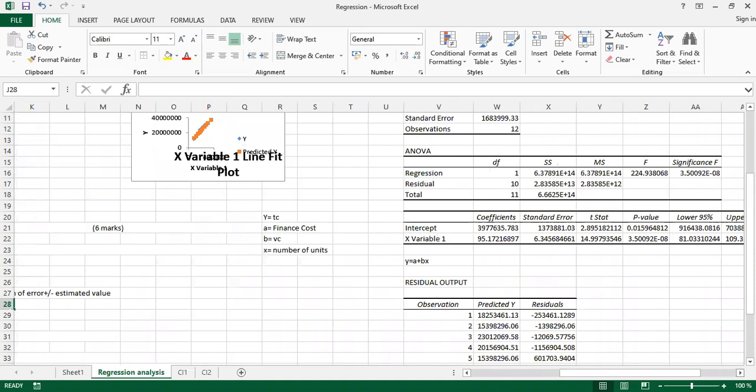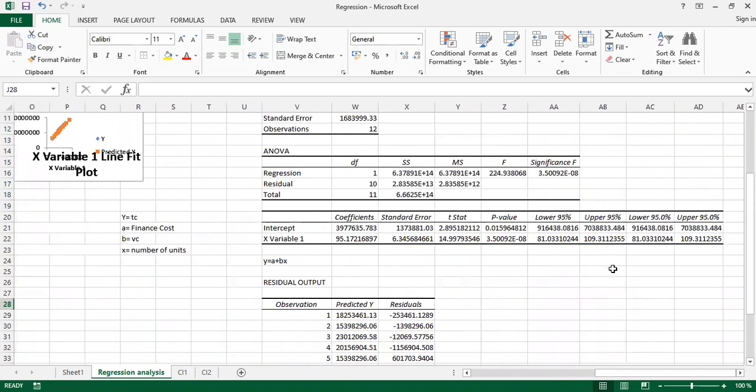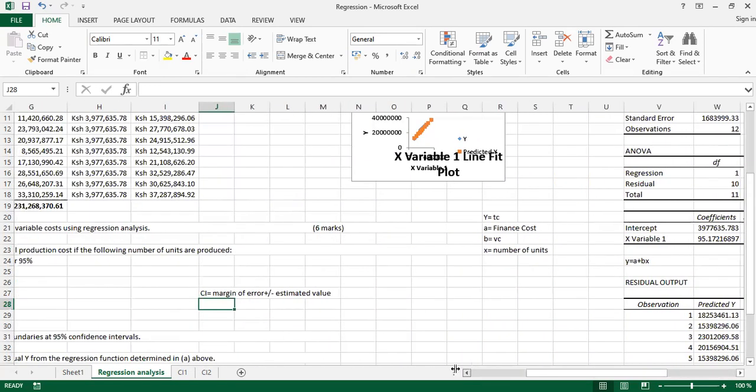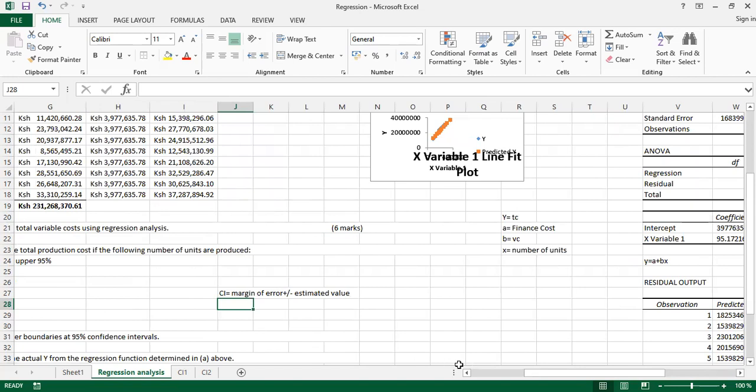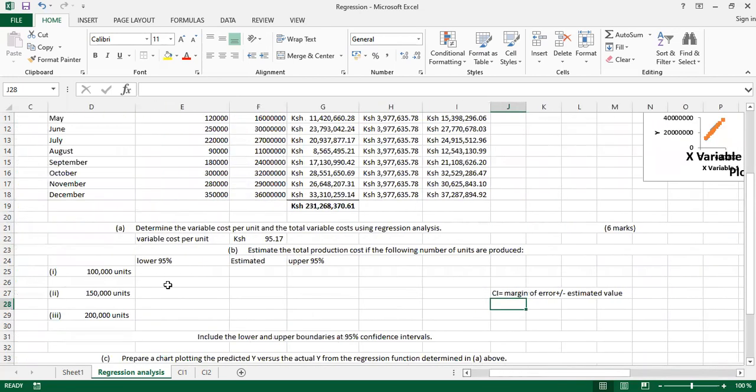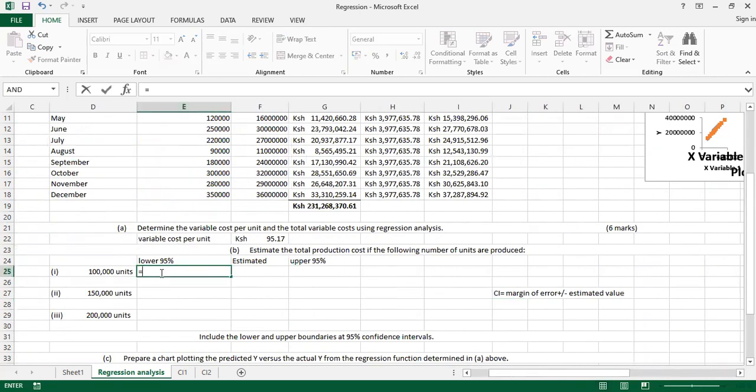So our upper here, it will be this one. Our lower, the A will be this one here. So let me start with the equal sign. Let us do here equals.